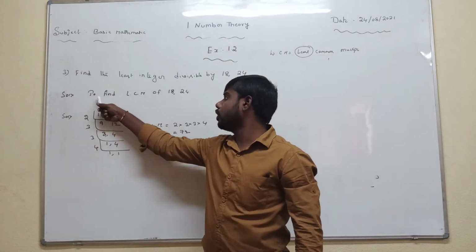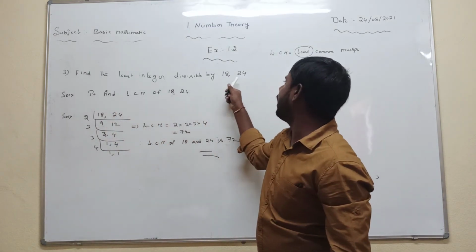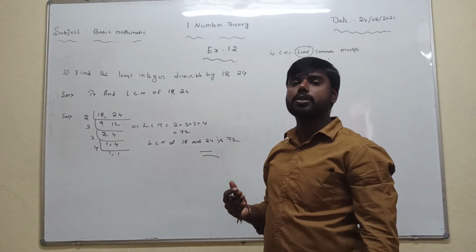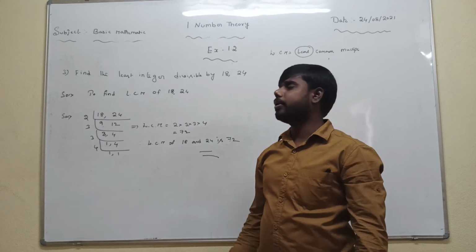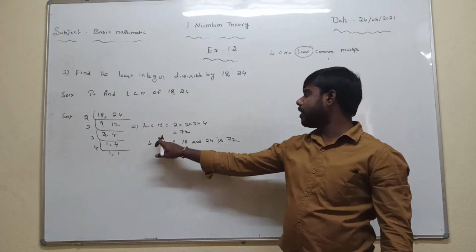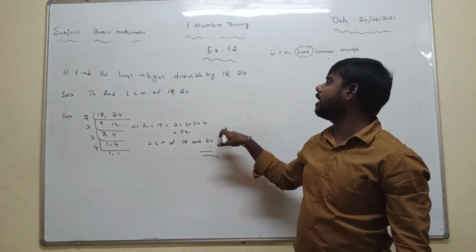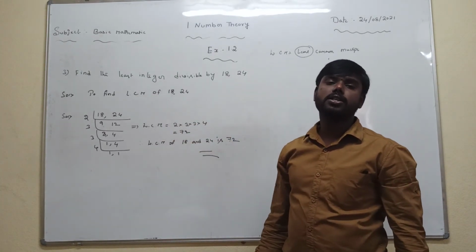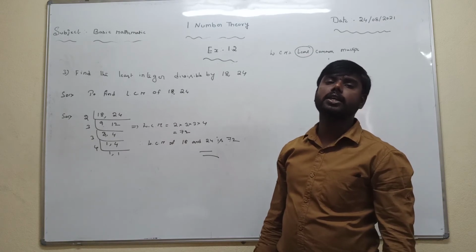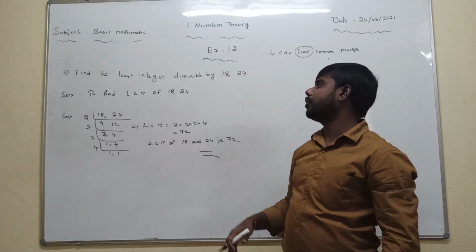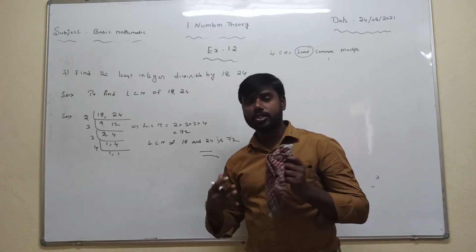That's why we write to find the LCM of 18 comma 24. You can apply the prime factorization method or the division method, but I am applying the division method. Finally we got the LCM value 72. 72 is the least integer divisible by 18 comma 24. This is the solution of this question, students.